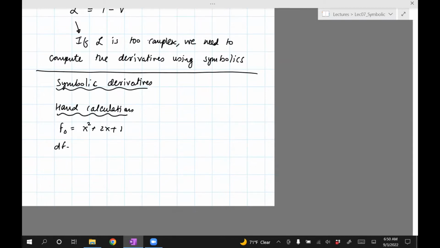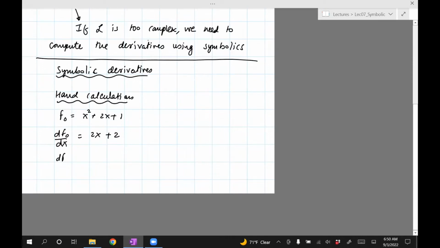And then if you want to compute the derivative of f with respect to x, that's simply 2x plus 2. And then if you want to compute the value of df dx at x equals, let's say 1, then it is going to be 2 times 1 plus 2, which is 4.